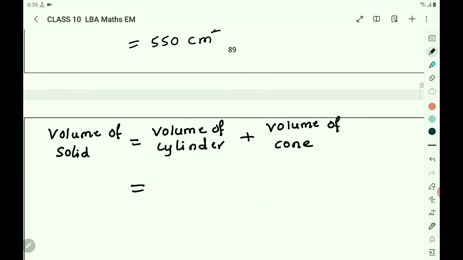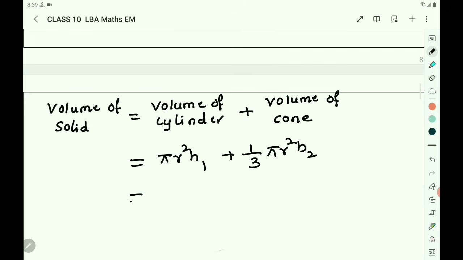Volume of cylinder is pi r square h, and volume of the cone is 1 by 3 pi r square h. Here h are different, r are same. Then you write h1 and h2. Now you can remove common. Pi r square can be removed common. Here what is remaining? h1 plus 1 by 3 h2.